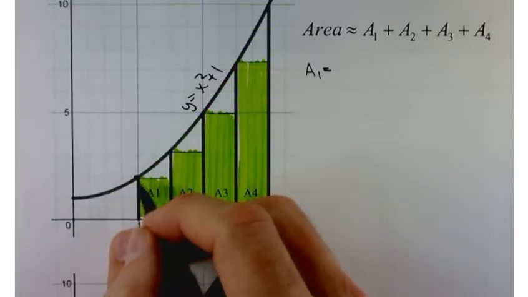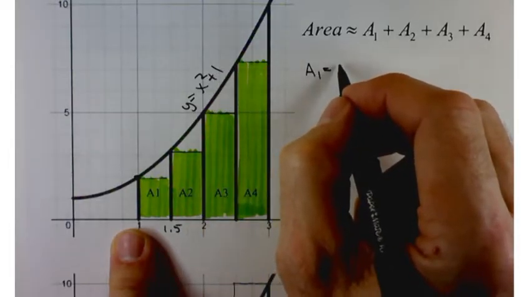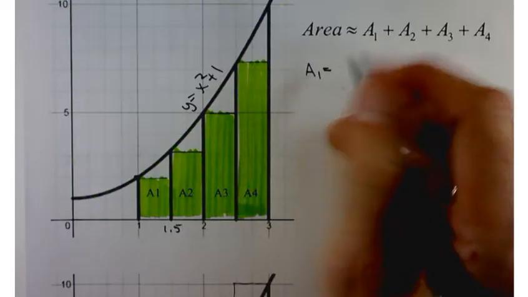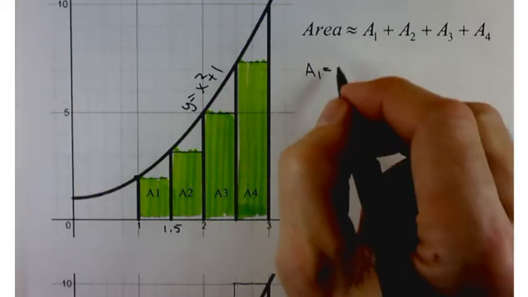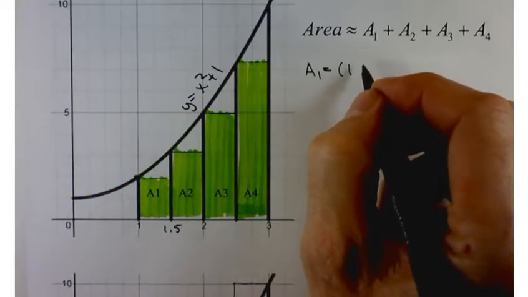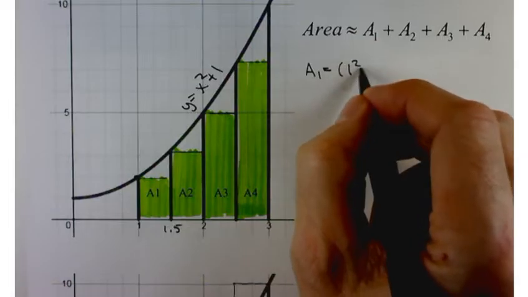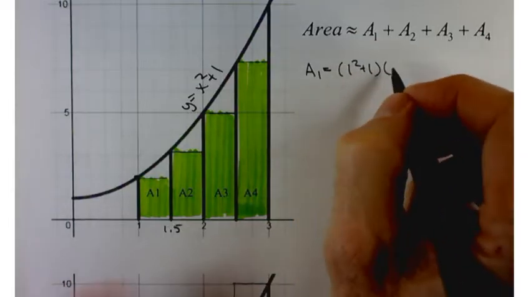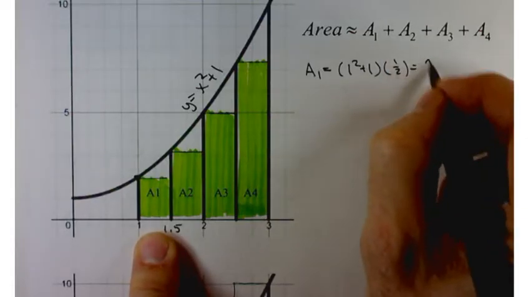So 1 squared plus 1 is 2. So we have a height of 2 times a width of 1. Oh yeah, it's a width of 1/2, thank you. So 1 squared plus 1, that's your height, times the width, which is 1/2. So we get the area here is 1.